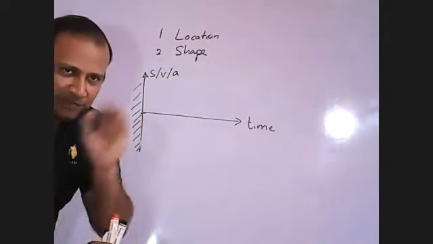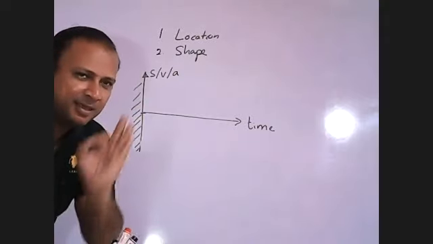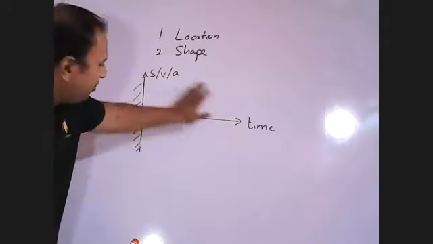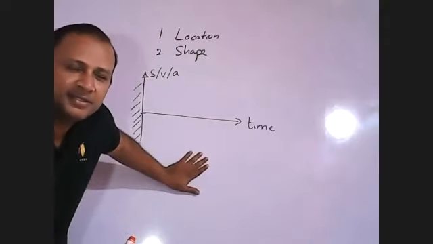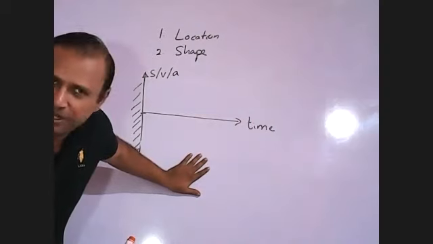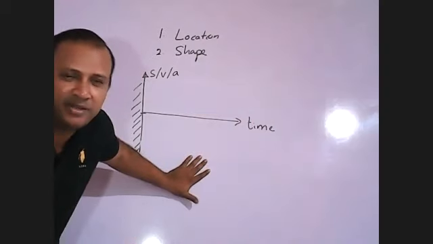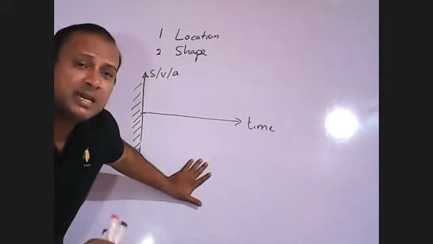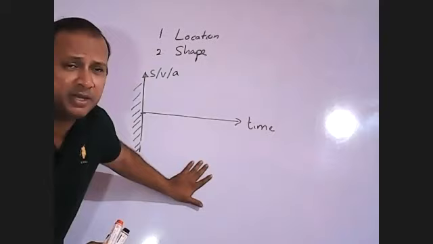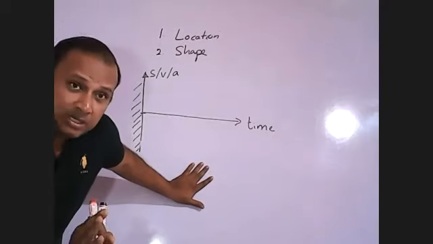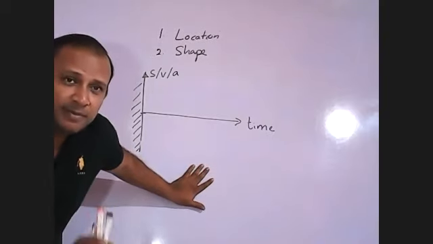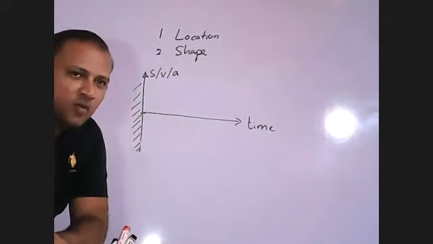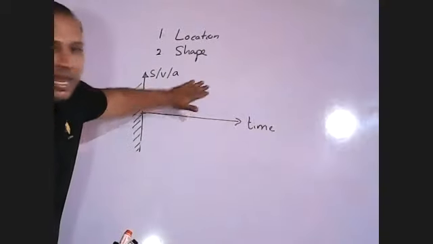Please listen very carefully. This is not about motion graphs. My question was about points on the Cartesian plane. That is very simple. Based on your knowledge about the Cartesian plane, please give me that answer. What is the difference between the first and fourth one?